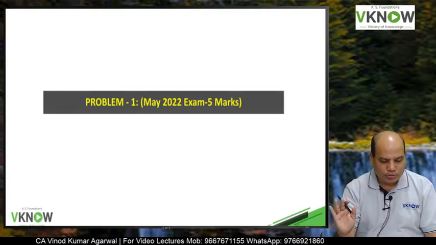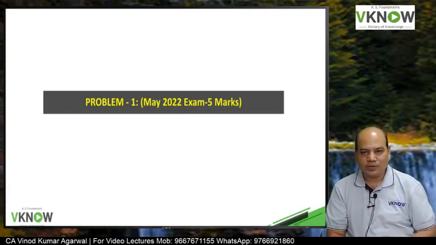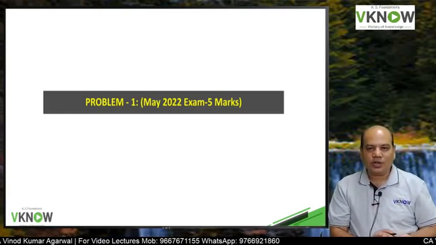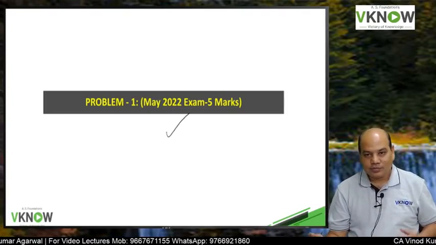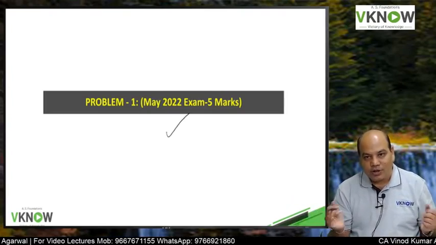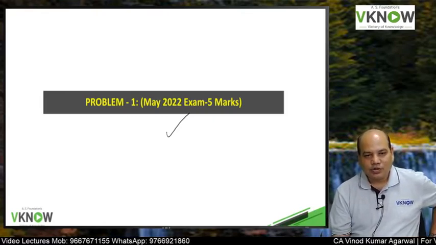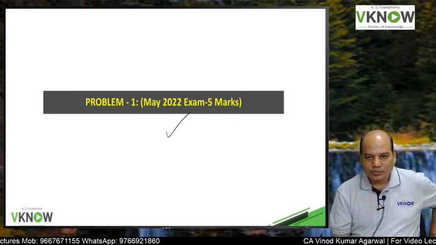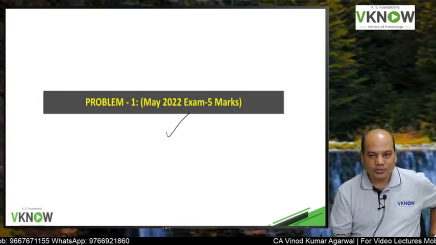So I will request you, this is an outdated concept, don't spend your energy on that. Since it is in the syllabus, it was asked for 5 marks in the May 22 exam. Hence we are discussing it. Otherwise our institute should not have such questions, because it is going to be useless in your future career.